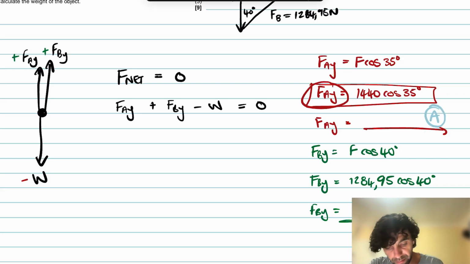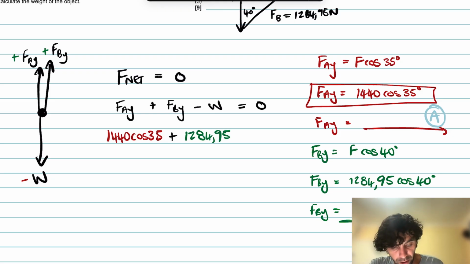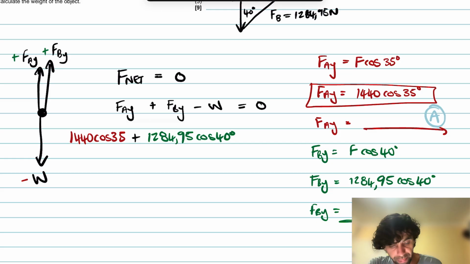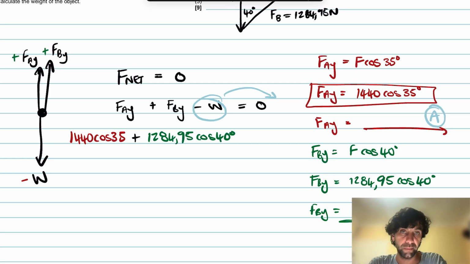Because we used red for FAY, I'm just going to do it so you can see it here. This is going to be 1440 cos 35 plus FBY, which is 1284,95 cos 40. And then, because this is a negative W, I'm going to bring it over to the other side of my equation.